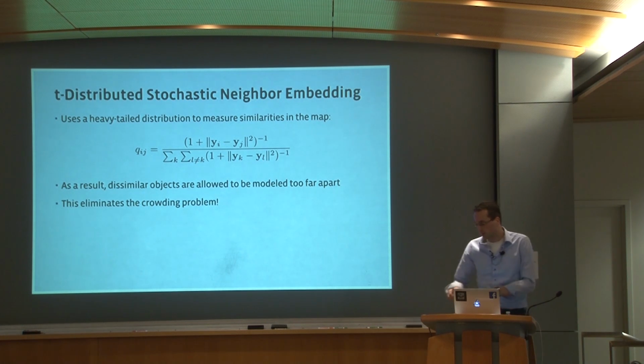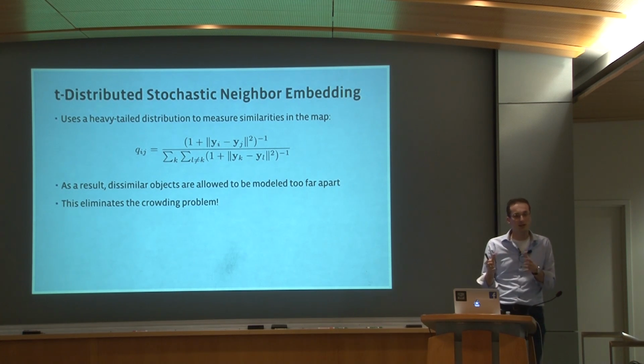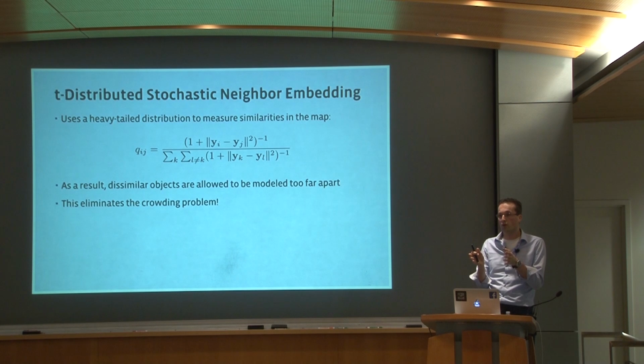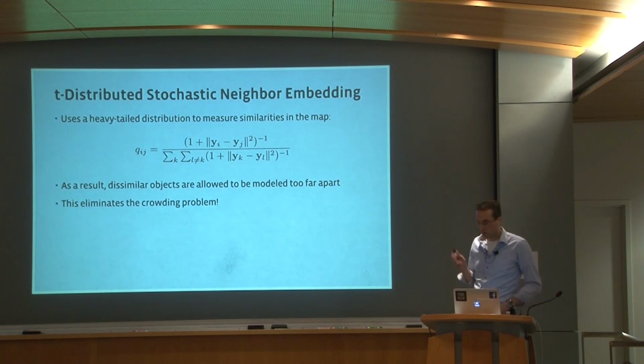So by redefining these similarities using a heavy-tailed distribution, effectively I'm saying it's okay for dissimilar points to be modeled too far apart in the map. And what we'll see is that this eliminates the crowding problem.